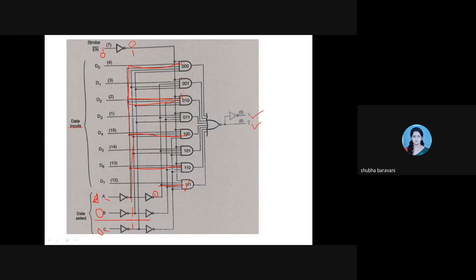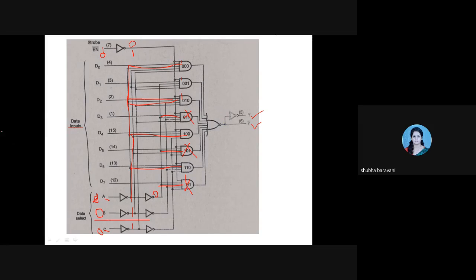So this AND gate will not work, its output will be 0. It's coming to this AND gate from here, it means this AND gate will not work. Next, it is coming from here to this AND gate, it means this AND gate will not work.